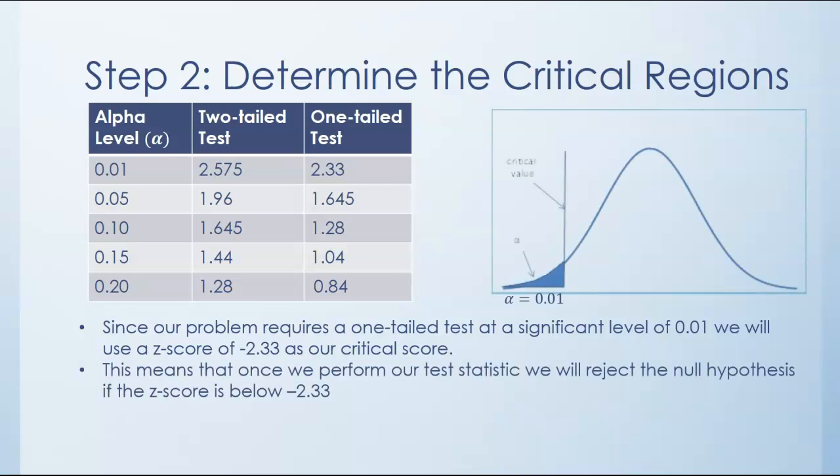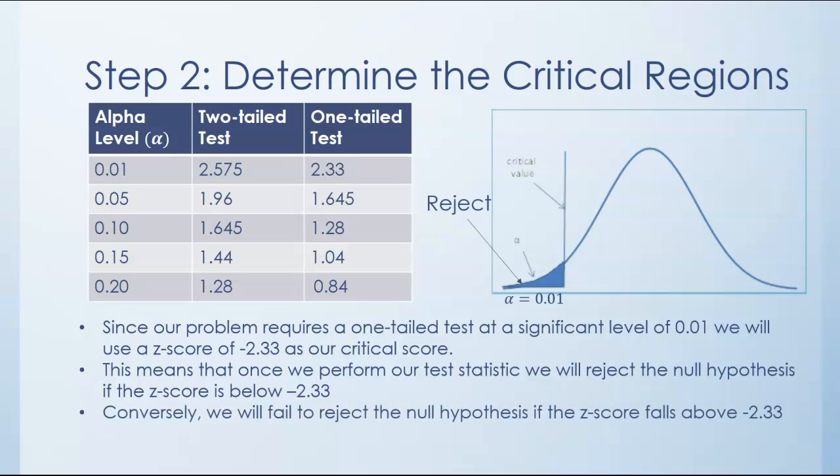If anything falls below negative 2.33, we would reject our null hypothesis, basically saying yes, we think there is a difference between our community and the national average. And conversely, if anything falls above that negative 2.33 z-score, we would fail to reject, and we would say no, we don't think there's a difference between this community and the national average.